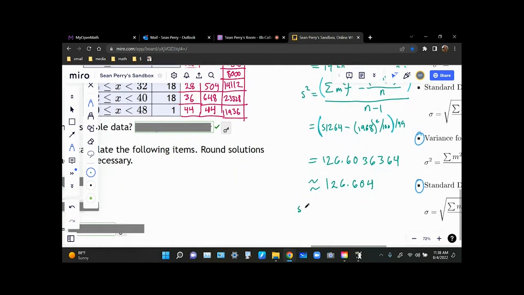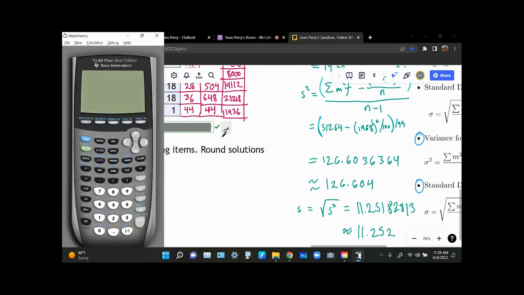From here, we can pretty much directly calculate your standard deviation. It's the square root of the variance. Make sure that you use the unrounded version of the variance and round it to 3 decimal places. We get 11.252. Notice we could have also put this into the calculator using our list operations.